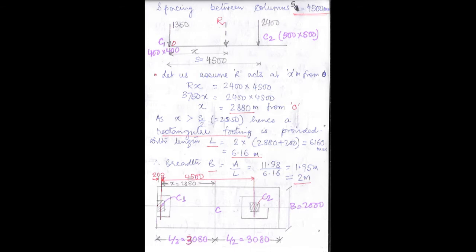Now we have to find out the location of the resultant. So let us assume the resultant R is located at a distance x from C1. This is our assumption. And what is the point O over here? In the question, it was mentioned that the column C1 coincides with the property line.